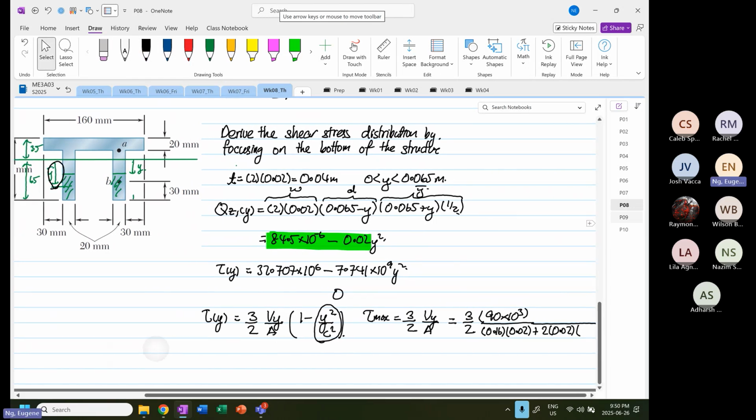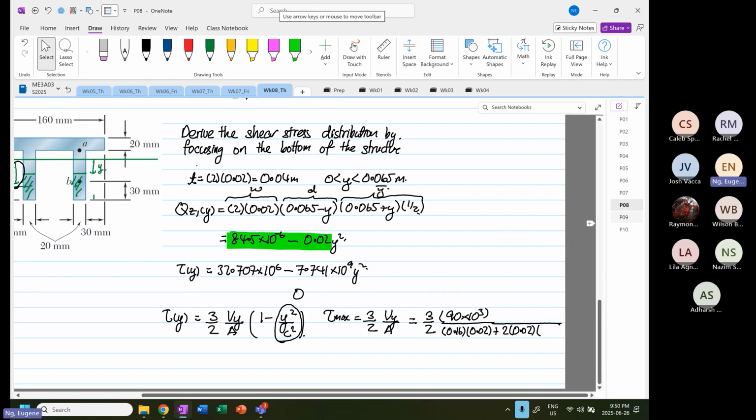Oh, no, not 65. The whole thing is 0.08. Okay. So this will be equal to 0.16 times 0.02 plus 2 times 0.02 times 0.08. Okay. So 3 over 2 times 90 to the power 3 divided by that value.